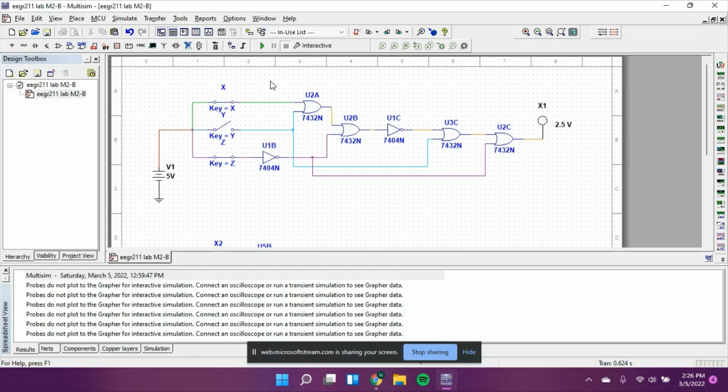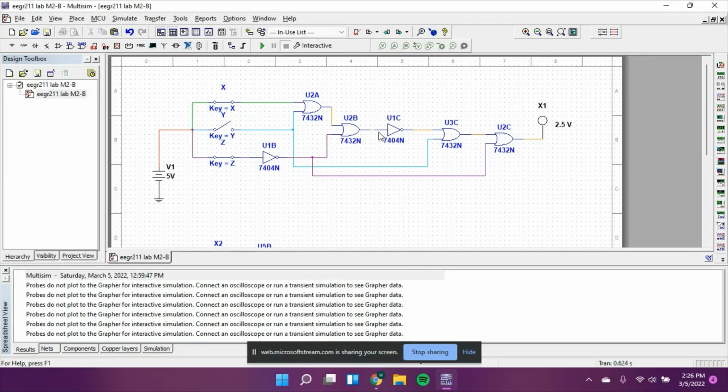And since the expression is x plus y plus z prime, or at least the first bit of the expression, we have x and y not being inversed, with z being inversed. And then we add up x, y, and z prime. We do this by adding x and y here, and then x, y, and z prime here.